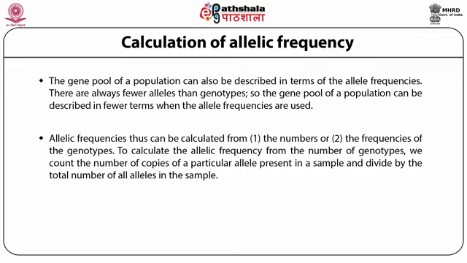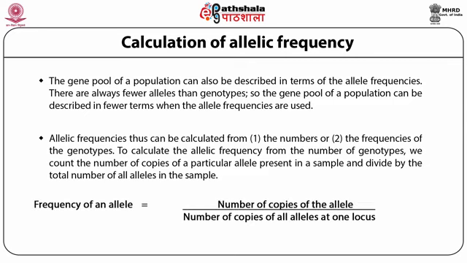The formula can be displayed as: frequency of an allele is equal to the number of copies of the allele divided by the number of copies of all the alleles at one locus.